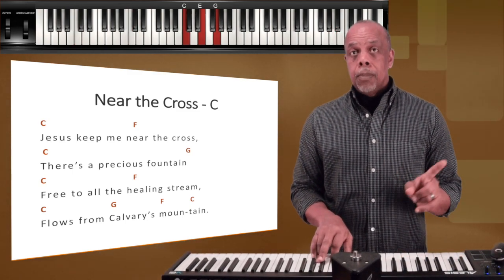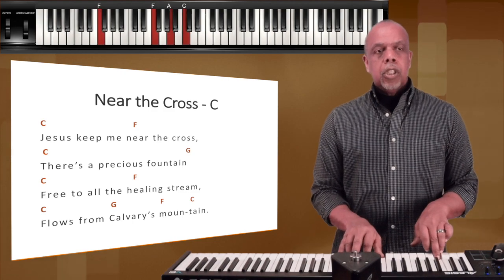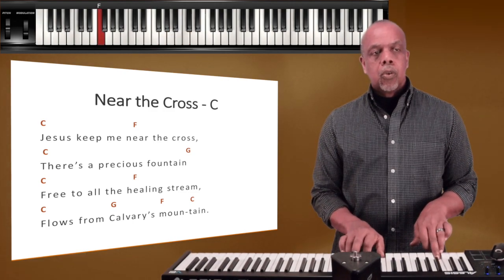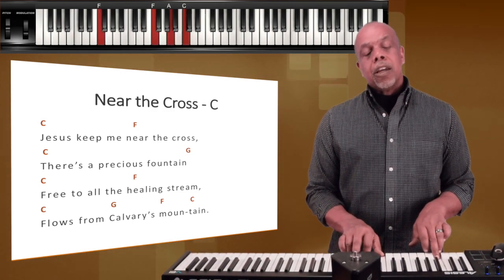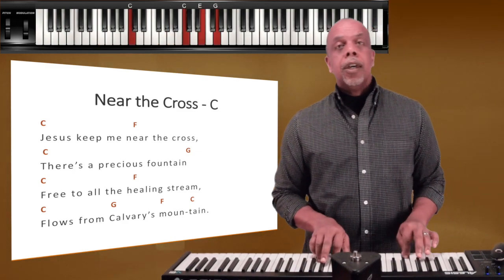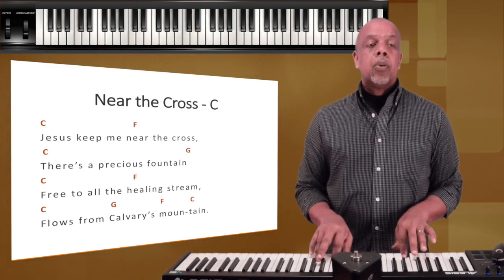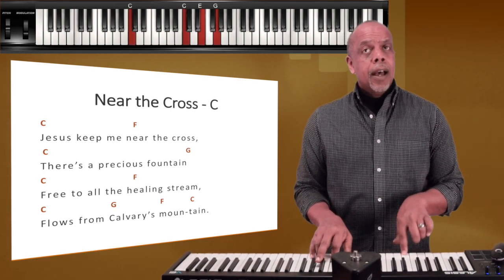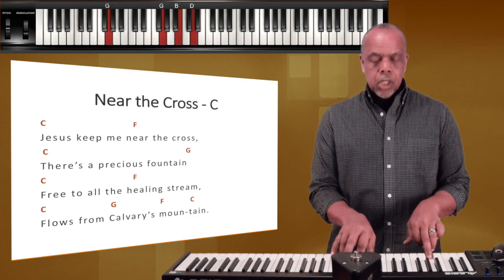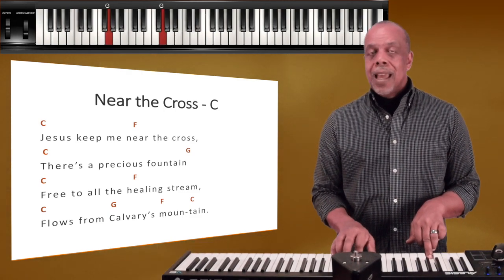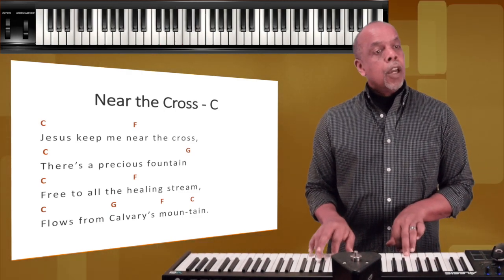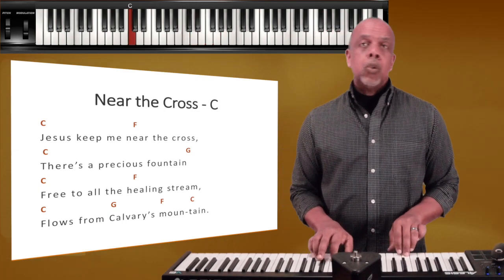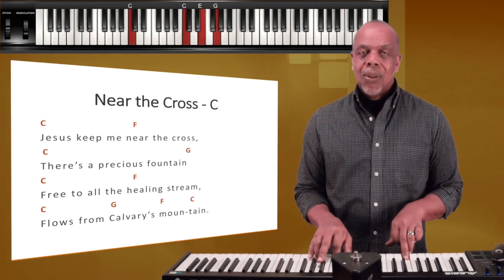Jesus. When I go to keep, I'm going to go to the 4, the F. Near the cross. And come back to the C. There's a precious fountain. To the 5, to the G. Back to the 1, which is C. Free to all.